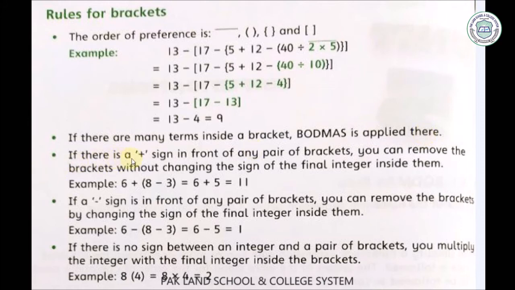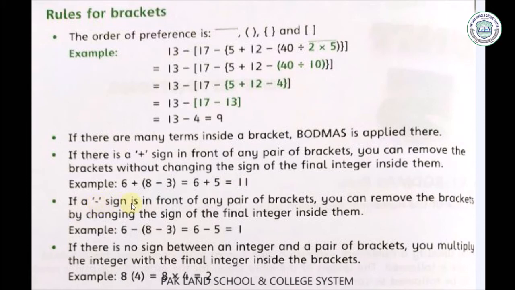If there is a positive sign in front of any pair of brackets, you can remove the brackets without changing the sign of the final integer inside them. For example, 6 plus into 8 minus 3, 8 minus 3 becomes 5, signs are not changed. 6 plus 5 becomes 11.